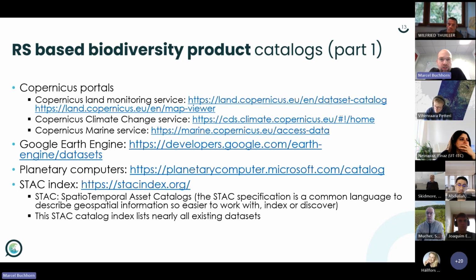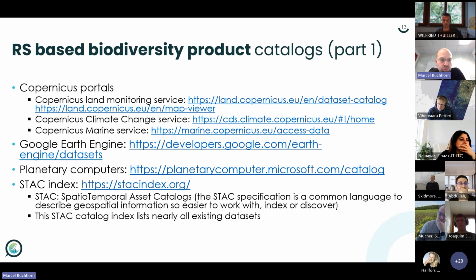A good data source for any kind of remote sensing and in situ product is the STAC index. STAC is the abbreviation for Spatio-Temporal Asset Catalogs. It is a standard for how you can save geospatial data and how you can catalog it. These catalogs are directly accessible, so you do not have to download the data.